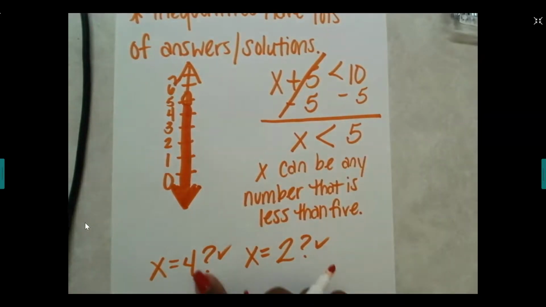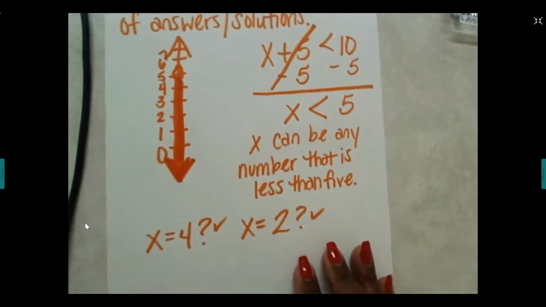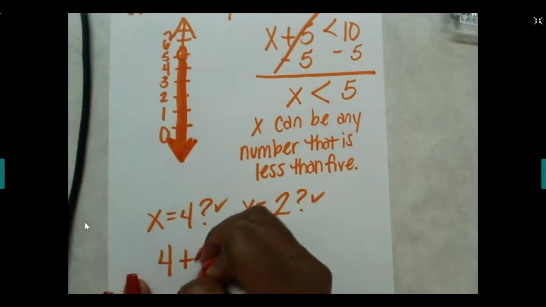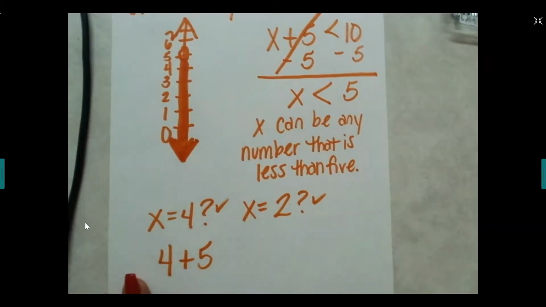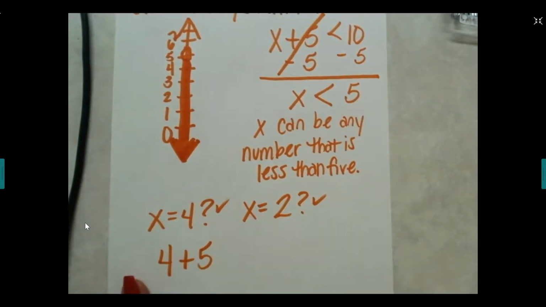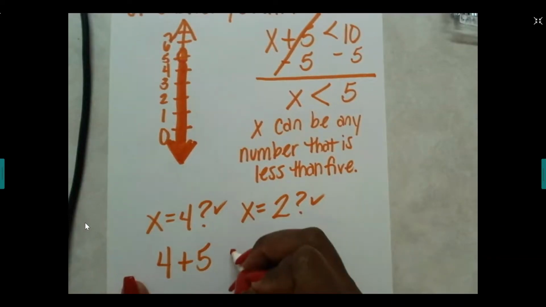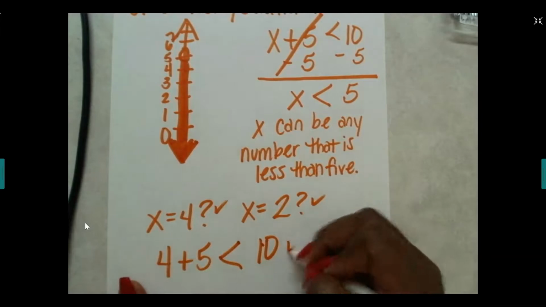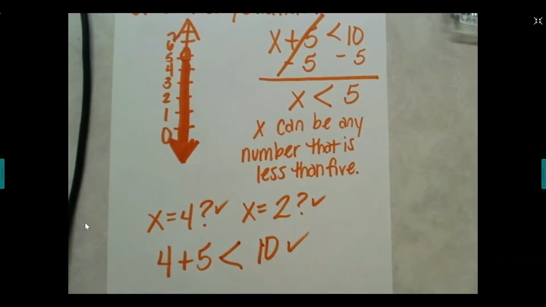So I'm going to substitute that x from our original answer with a 4. And you know 4 plus 5 is, yes, 9. And isn't 9 less than 10? Yep. So it makes that number sentence true.